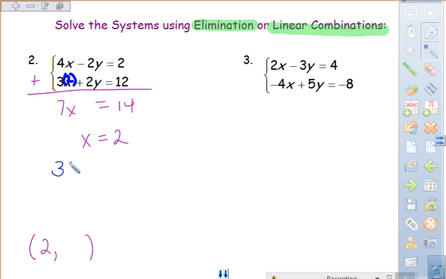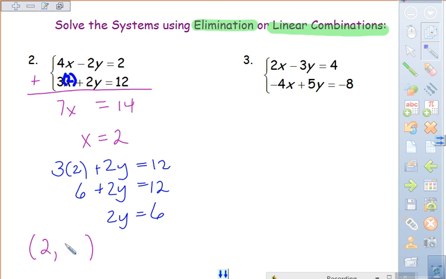So I get 3 times 2 plus 2y equals 12. Three times 2 is 6. Subtract the 6. And that y value is equal to 3.